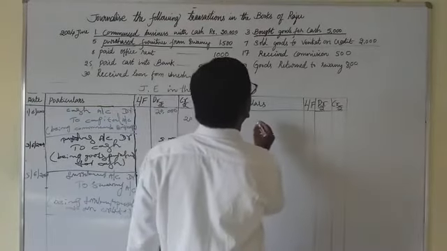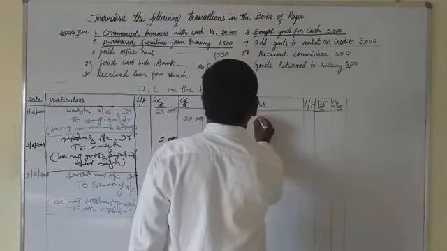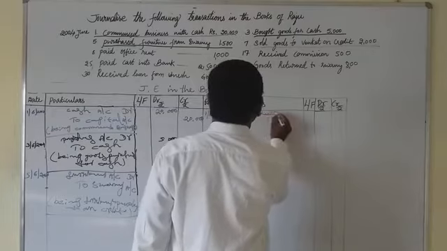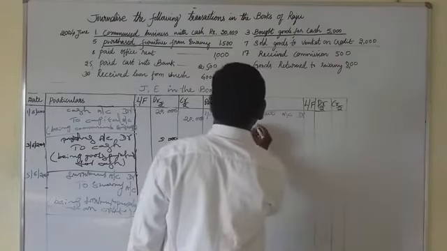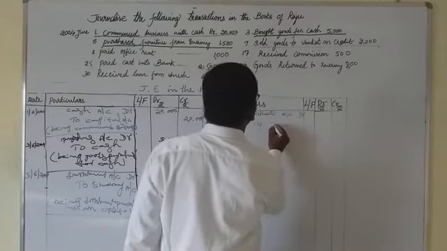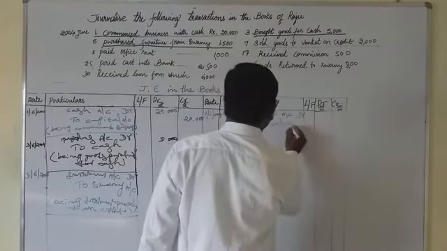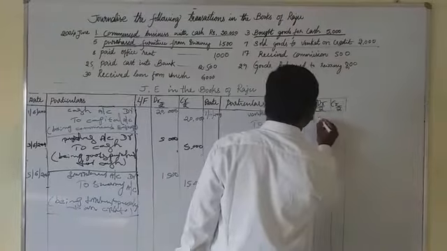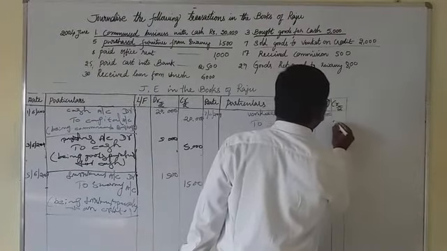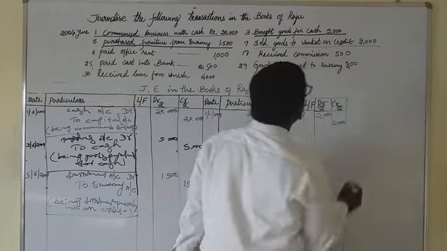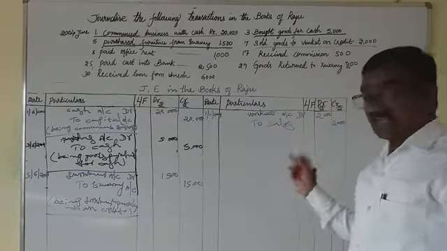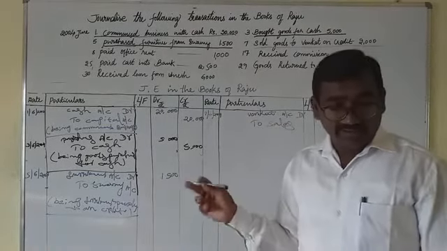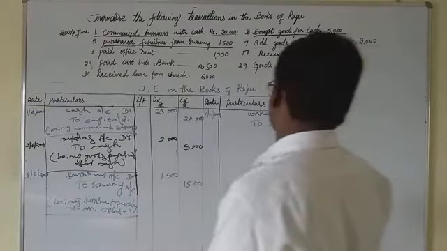Venkat account debtor to sales account. How much? 2000. Being goods sold on credit.